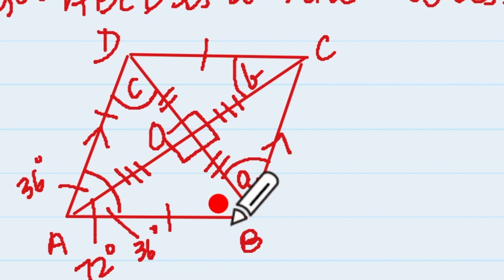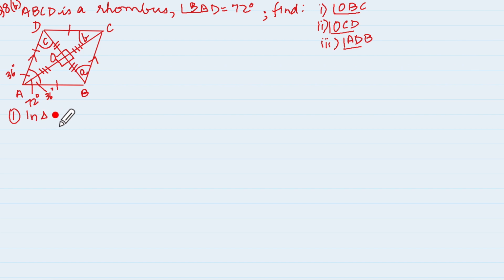So we'll have to start with that first. So step number 1 is going to be in triangle AOD and triangle AOB, AO equal to AO, which is the common side.